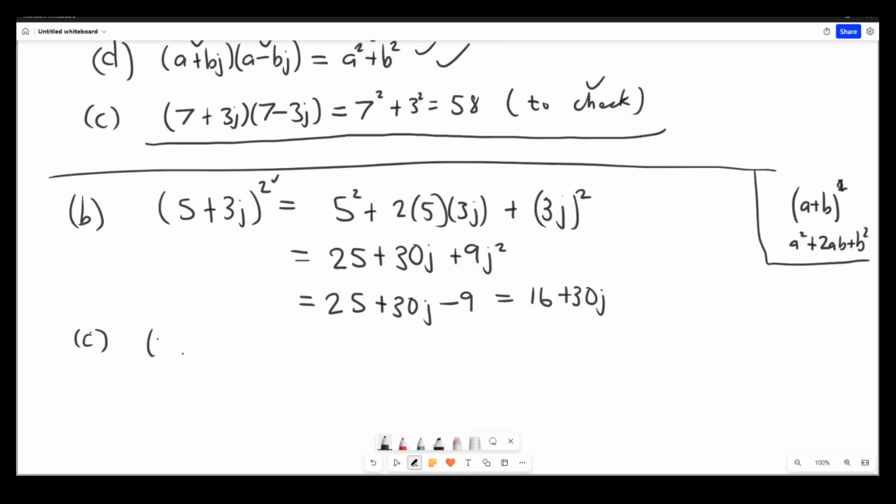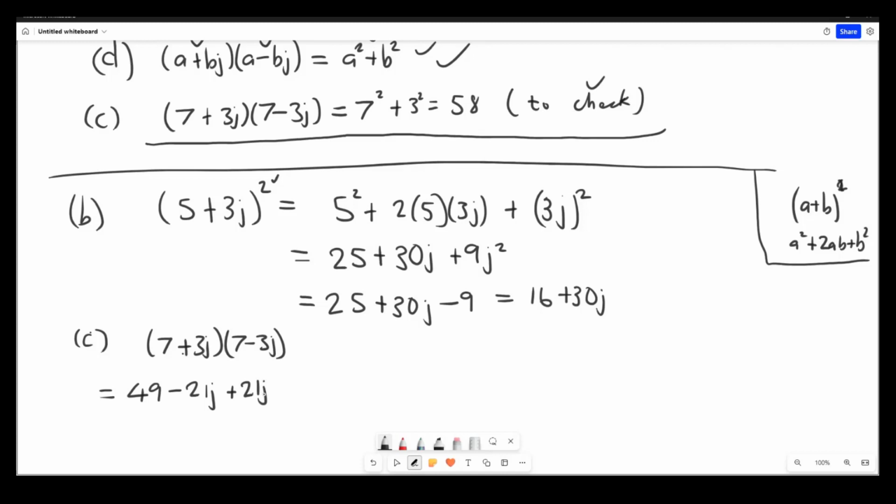C asks you to multiply these two complex numbers. Let's take our time multiplying it out. 7 times 7 is 49. 7 times minus 3j is minus 21j. Now we multiply 3j with the terms in the second bracket: plus 21j.